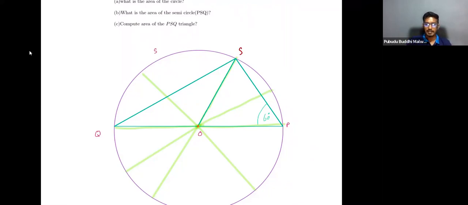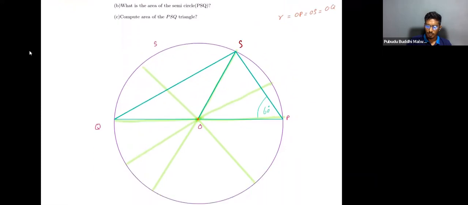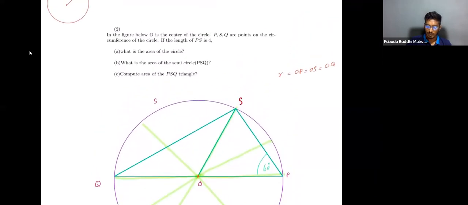And we need that to compute the area, because the radius of this circle is OP, which equals OS, which equals OQ. If you want to, you can mark these points and write those lengths as equal as well. But the point is, we need this length.